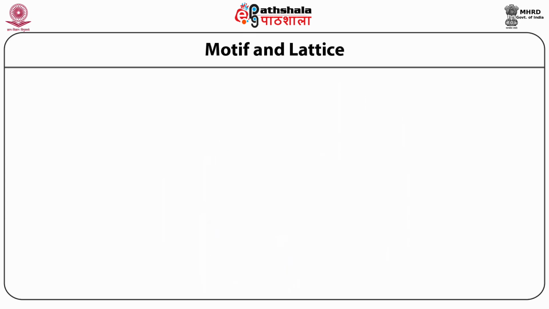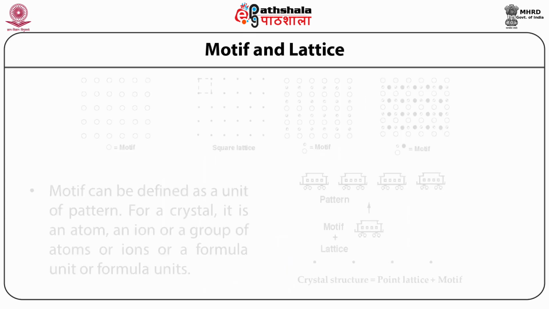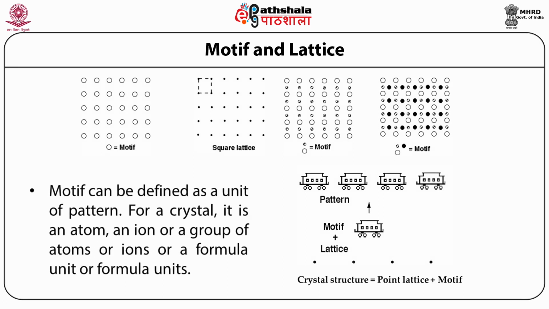Motif and crystal lattice. Motif can be defined as a unit of pattern. For a crystal, it is an atom, a group of atoms, or a formula unit, or a set of formula units oriented in different manners with respect to each other, as shown in the figure.